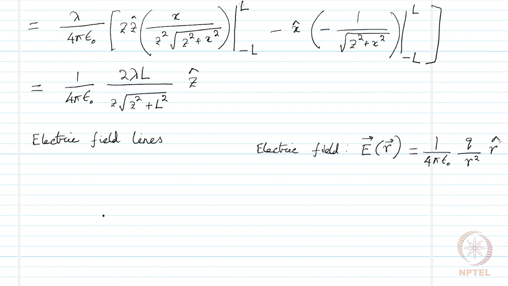Now we know that if we approach the charge, the electric field is stronger because it has a 1 over r squared dependence, the inverse square law. Coulomb's law is an inverse square law. So if we approach the charge, the electric field is stronger, and if we move away from the charge, the electric field is weaker.